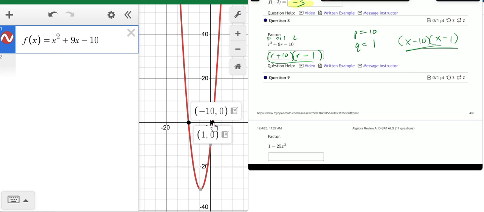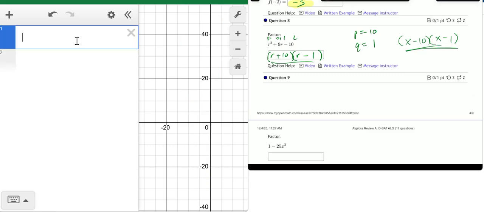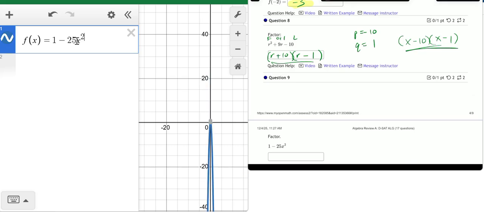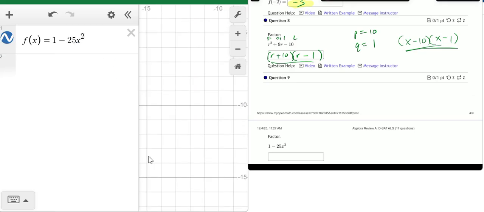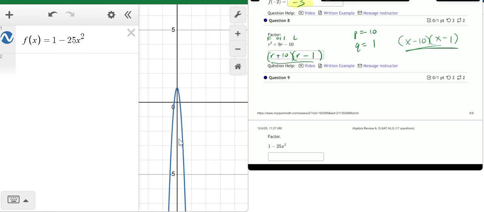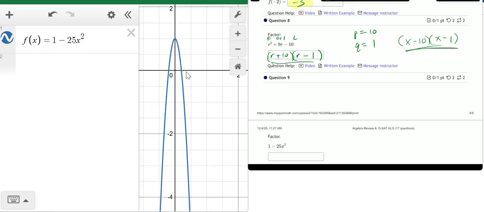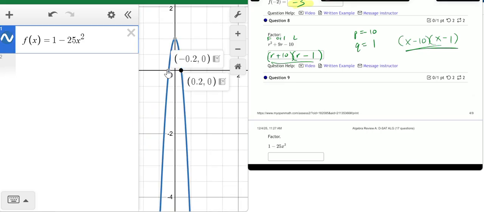Okay? If we try to do the same thing for the next problem, if I take this next question and I type in f of x is equal to 1 minus 25x squared. Again, I could still see on my graph my two x-intercepts. But now notice they're fractions, decimals.